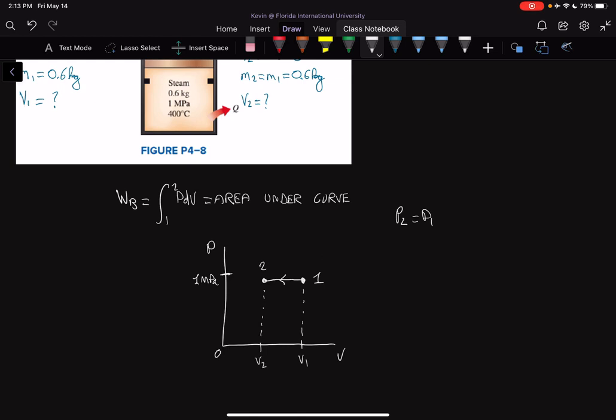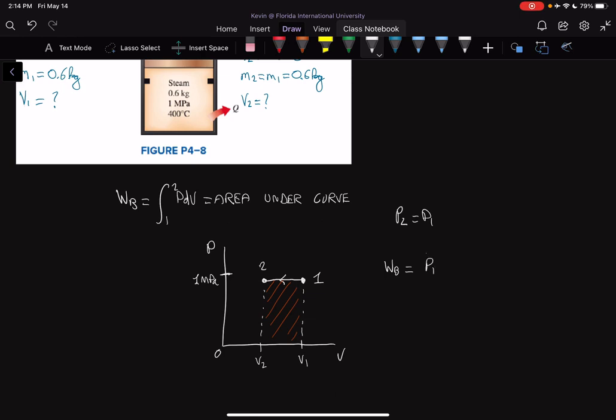So essentially, we have to find the area under this curve to find the work boundary. And in order to find the area, we already have the pressure, right? So our work boundary, in this kind of shape, is just the area.